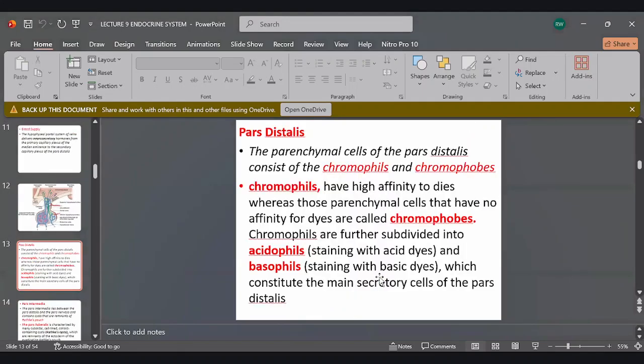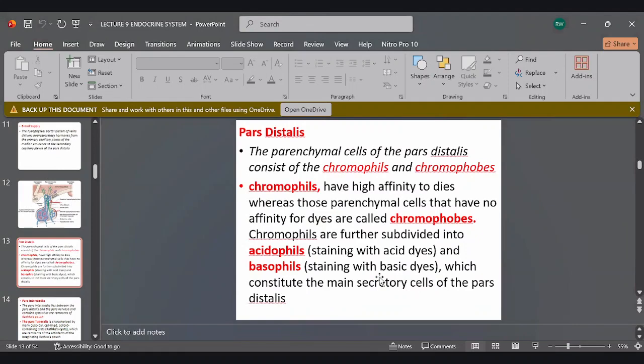Now, we want to discuss these cells in detail. We're going to start with the pars distalis. The pars distalis consists of chromophils and chromophobes. The chromophils have high affinity for dyes, whereas the chromophobes have no affinity for dyes.